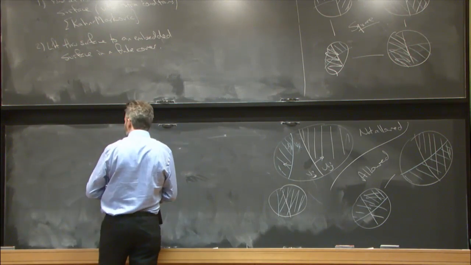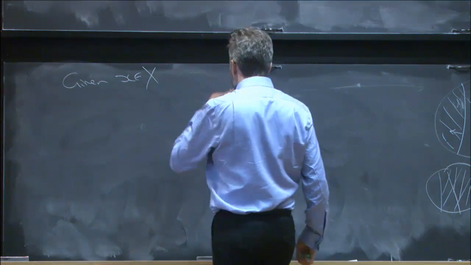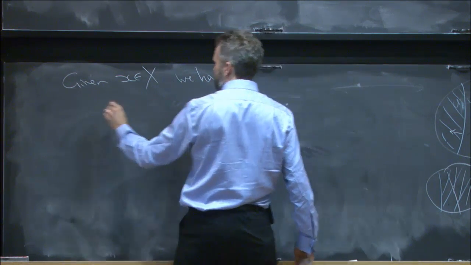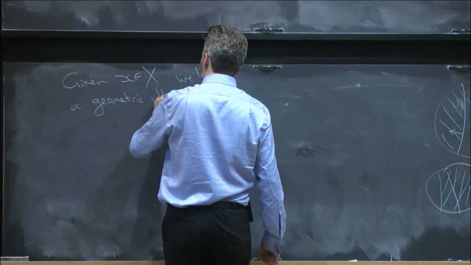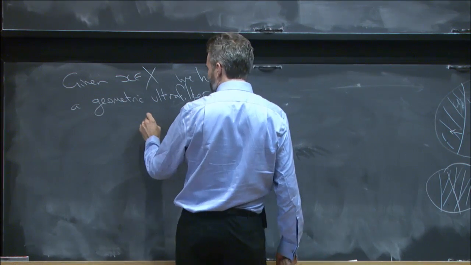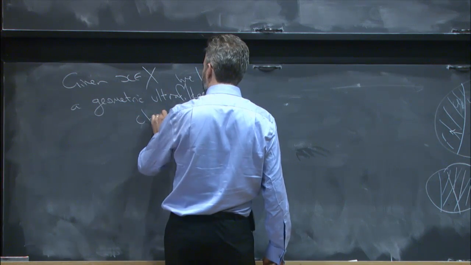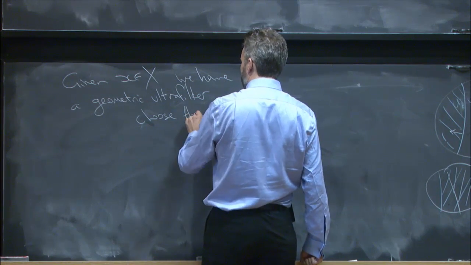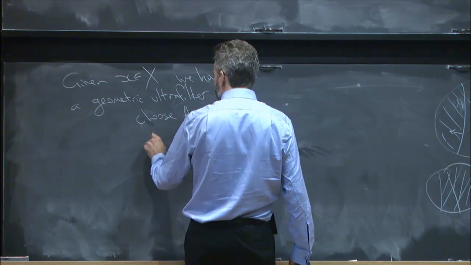So given x in X, our point, we have the associated geometric ultrafilter, that's namely, so choose the U_i or V_i that contains x.